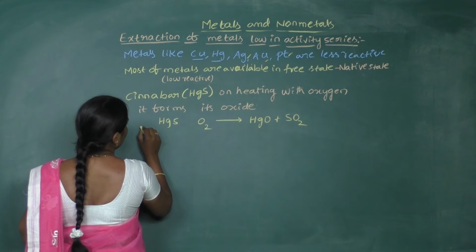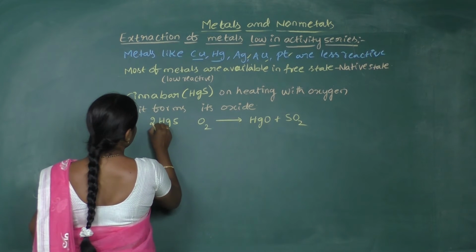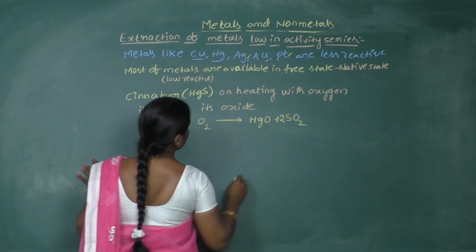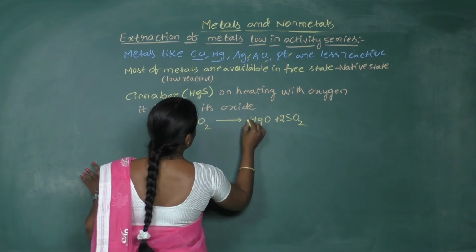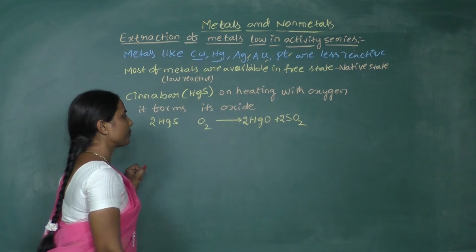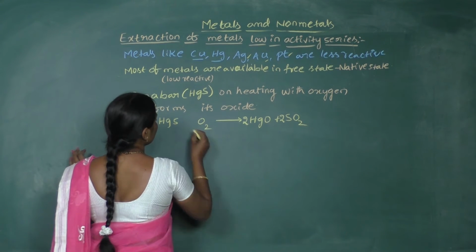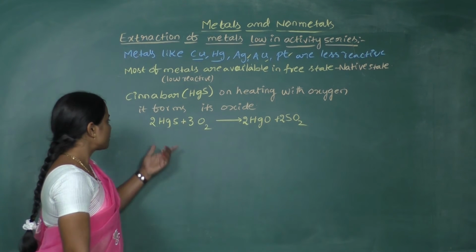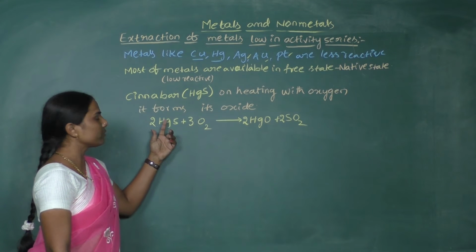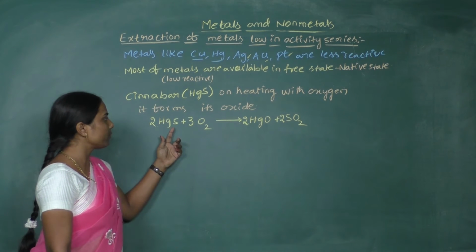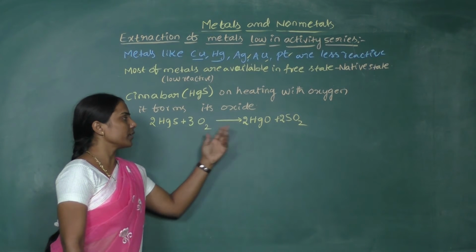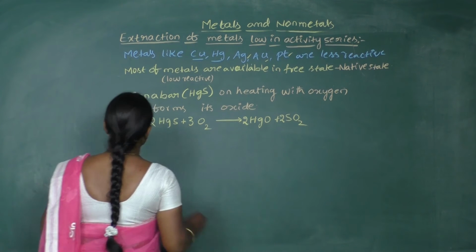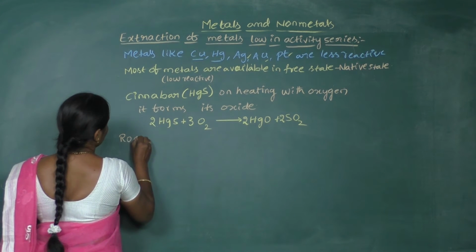So for this, I'll take 2 molecules of HgS, so that 2 molecules of SO2 and 2 molecules of HgO will be formed, so that overall 3 molecules of oxygen are used, right? Like this, heating of cinnabar, the sulfide of mercury, in the presence of oxygen to form the corresponding oxide is known as roasting.